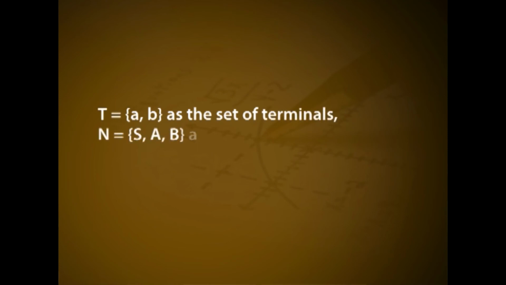Next example, consider the language L = {x such that x belongs to {a, b}*, the number of a's in x is a multiple of 3}. Take T = {a, b} as the set of terminals, N = {S, A, B} as the set of non-terminals, S being the starting symbol, and the following as the set of productions.